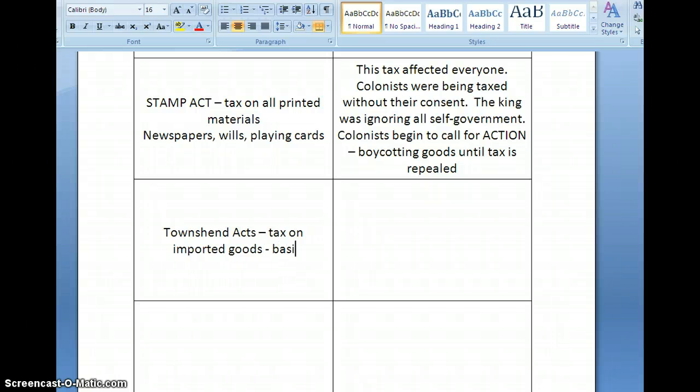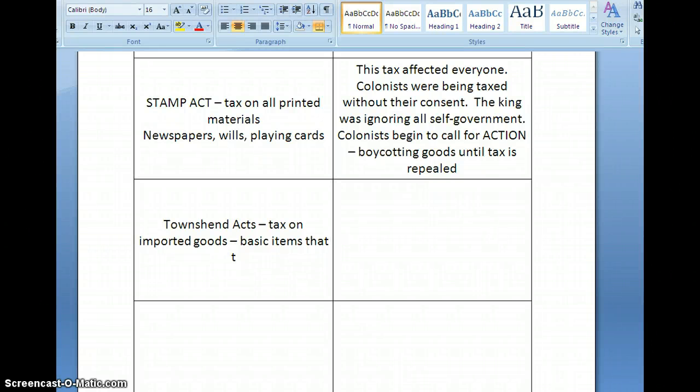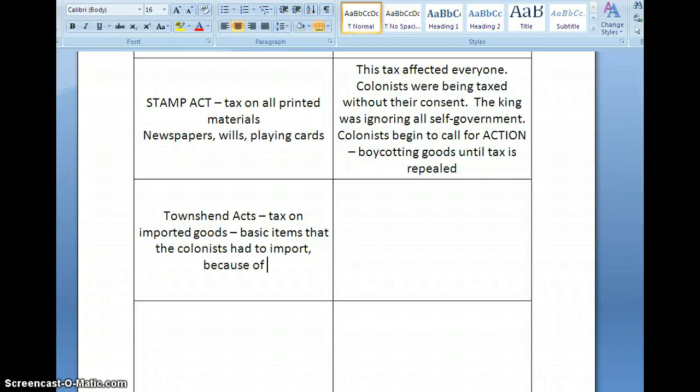These were basic items that the colonists had to import. They couldn't make them there because of no industry.